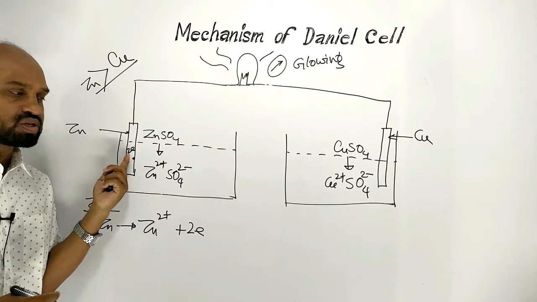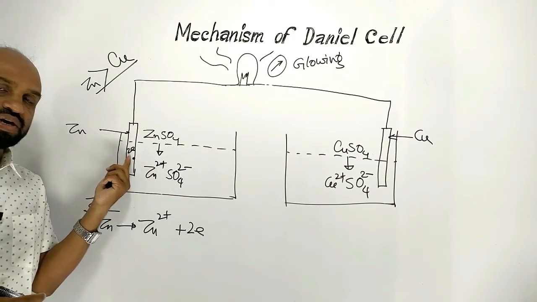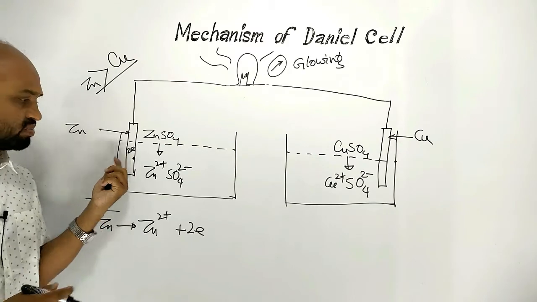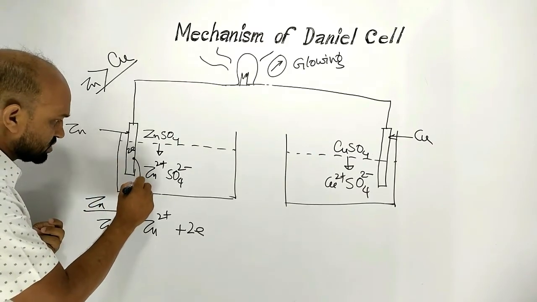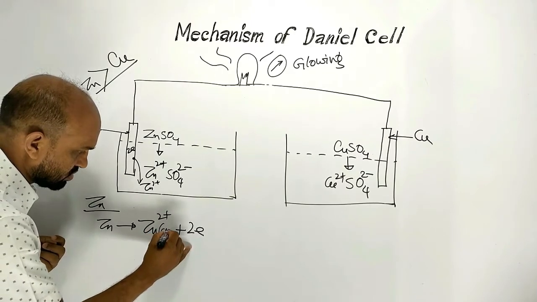Electrons cannot enter the solution. Electrons remain in the metal. But zinc 2 plus goes to the solution.